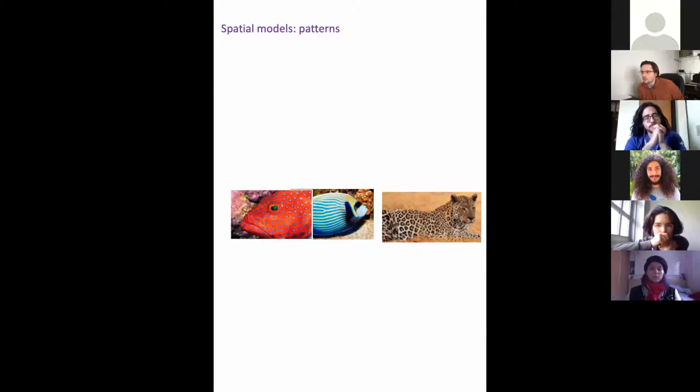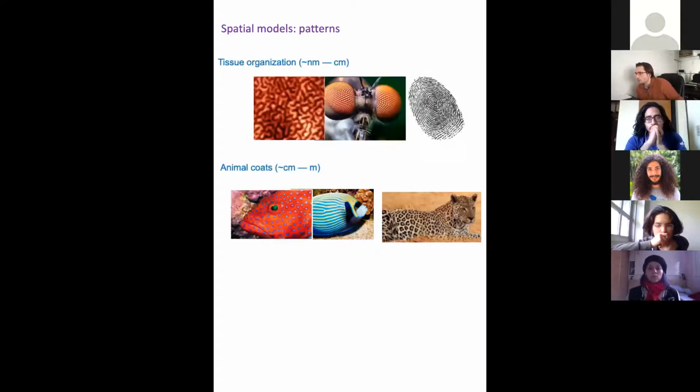These spatial patterns are basically spatial distributions of individuals, or in this case of a chemical substance, a pigment in the skin of these animals, that are regular in space. So here, in this middle row, some animals, in this case 2 fishes and a leopard, have skins with some pretty pattern that people have tried to understand for many years.